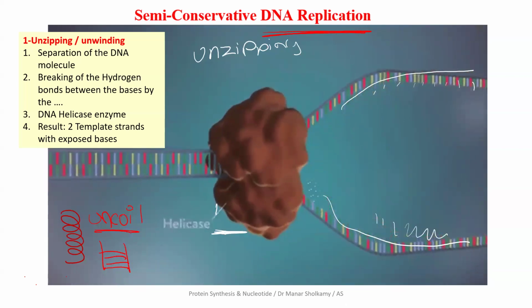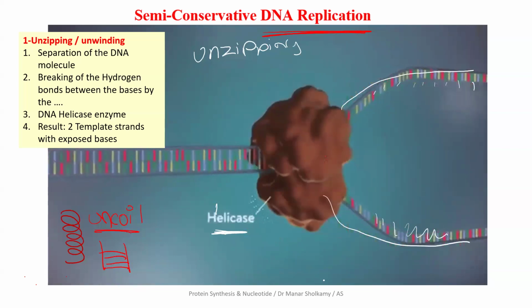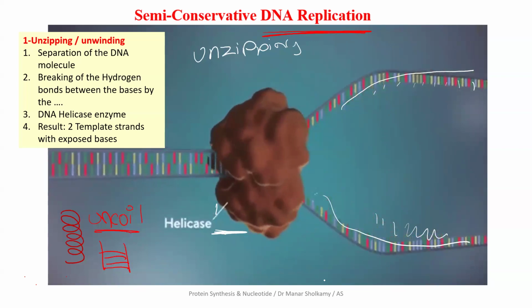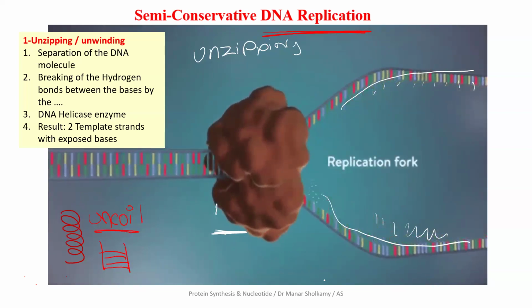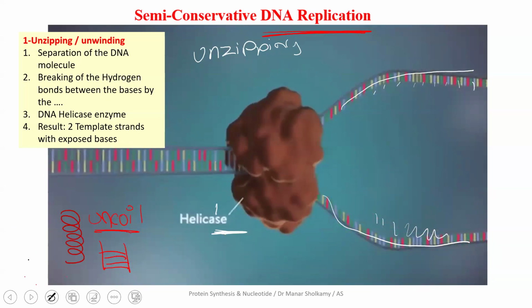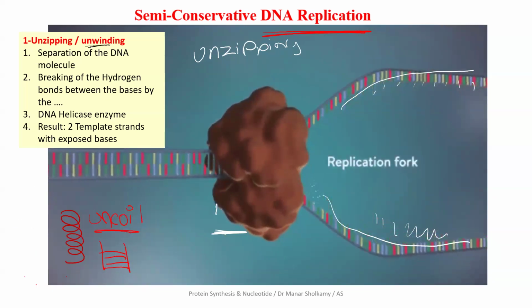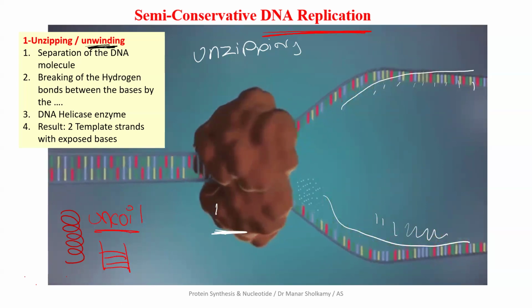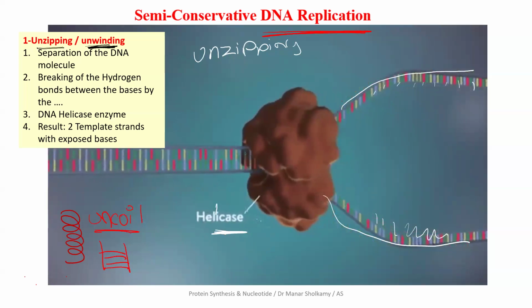Are you with me? Yes. Good. So this is the first step. This first step, we usually write it together. It is called unzipping and unwinding. But if you want to be very precise, the unwinding, or the uncoiling, happens first, followed by the unzipping.